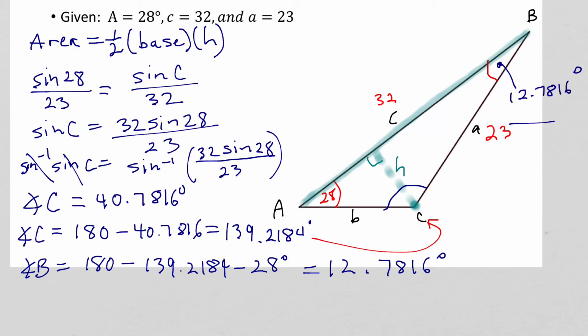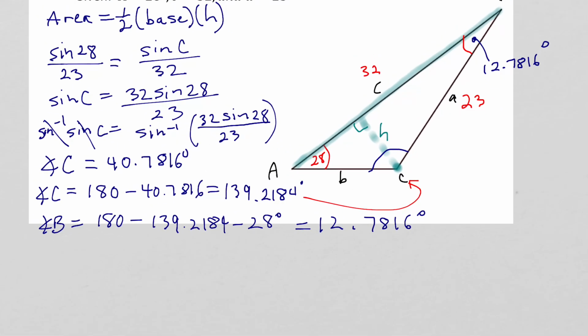Angle B is 12.7816 degrees. So I can say the sine of angle B is h over 23, and I can calculate h. So let's just scoot this up a little bit.